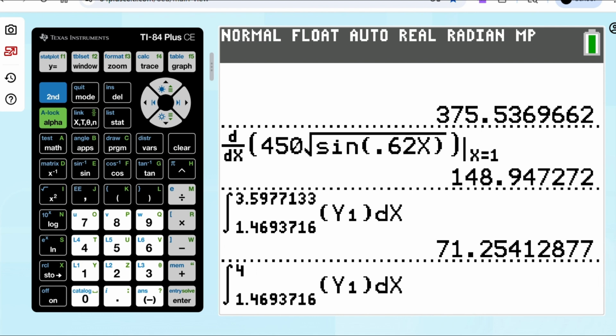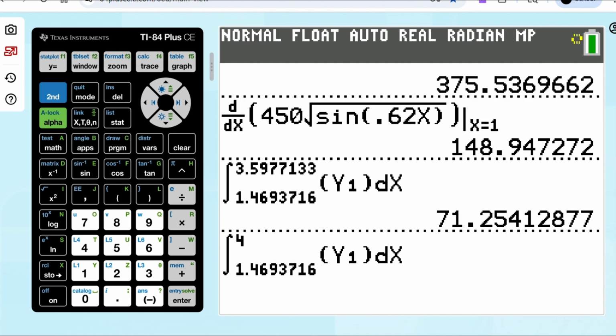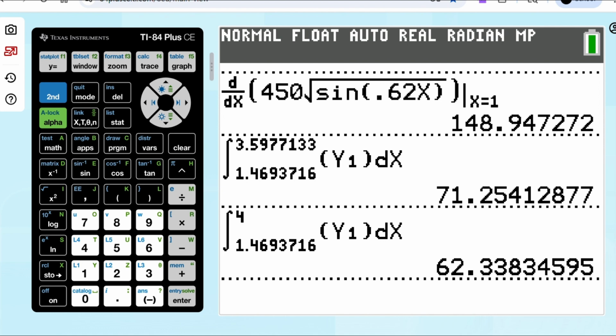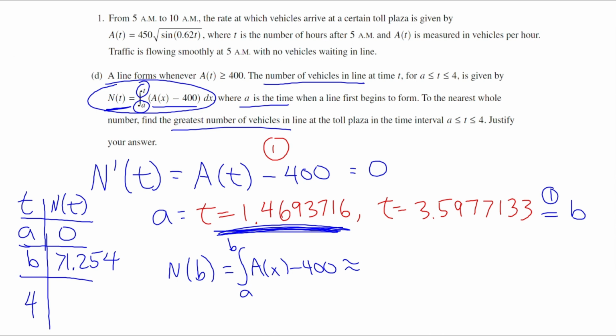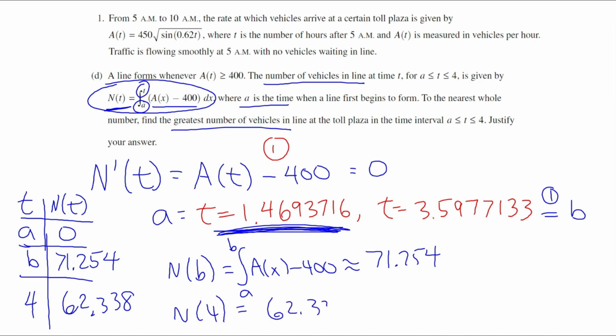Because our lower limit stays the same and the function stays the same. And now we'll get 62.338. So we'll put that here, 62.338. I guess I should have written the 71.254 here. And n of 4 was equal to 62.338.